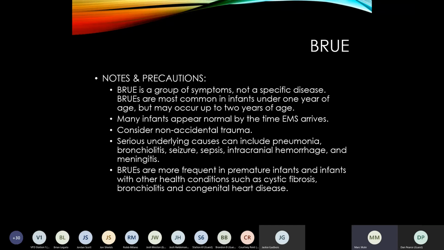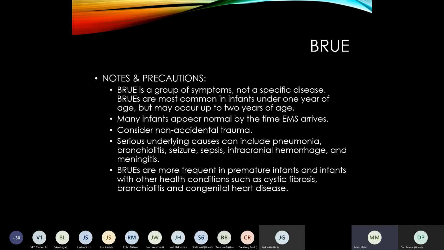BRUE is a group of symptoms. It's not a specific disease. They're most common in infants under a year of age. They may occur in kids up to 2 years. By the time you arrive, many of these kids may appear normal. Consider non-accidental trauma, i.e. abuse, in these particular cases.